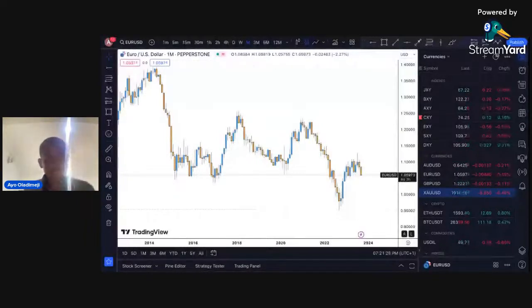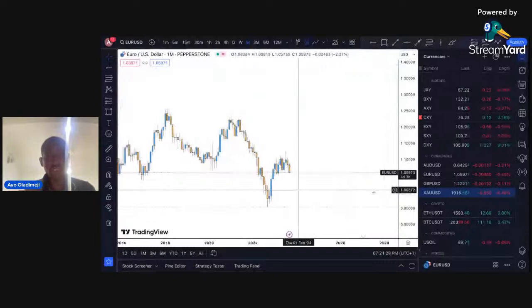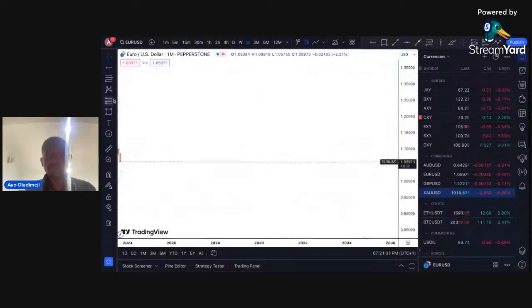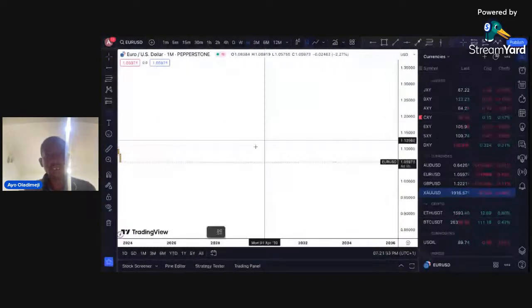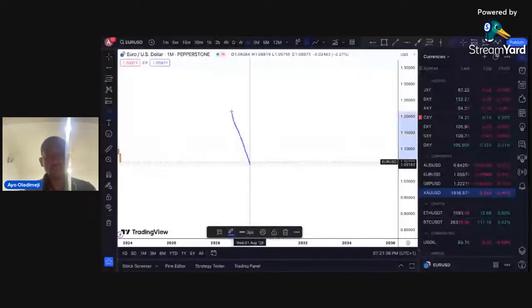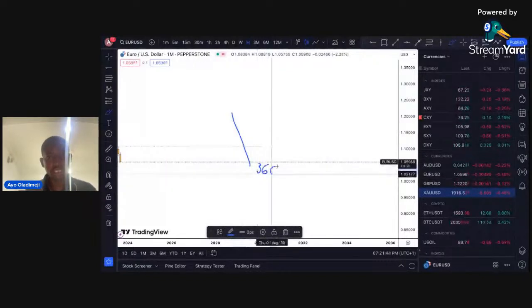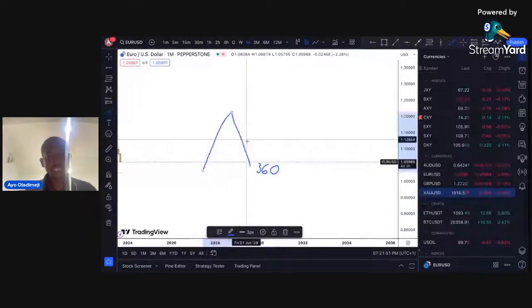For a long time we realized that the dollar was 360 naira. Then it went up to 900 something. So by the time it gets to 360, we may see a reaction.